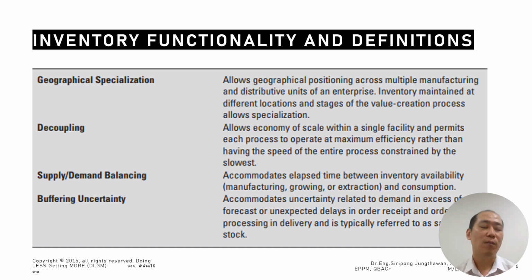It's like buffering uncertainty: accommodating uncertainty related to demand in excess of forecast, or sometimes unexpected delays in order receipt. If you receive finished goods from your supplier or vendor and your order is not coming, it's delayed in processing or delivery, safety stock typically helps you.